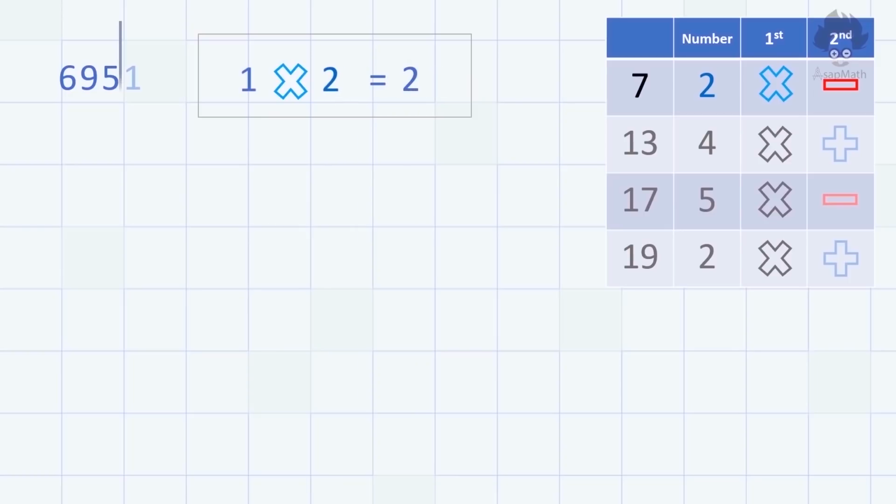We will consider another example. Here, the last digit is 1. It is multiplied by 2. Answer is 2. It is subtracted from the remaining number. So, the answer is 693.